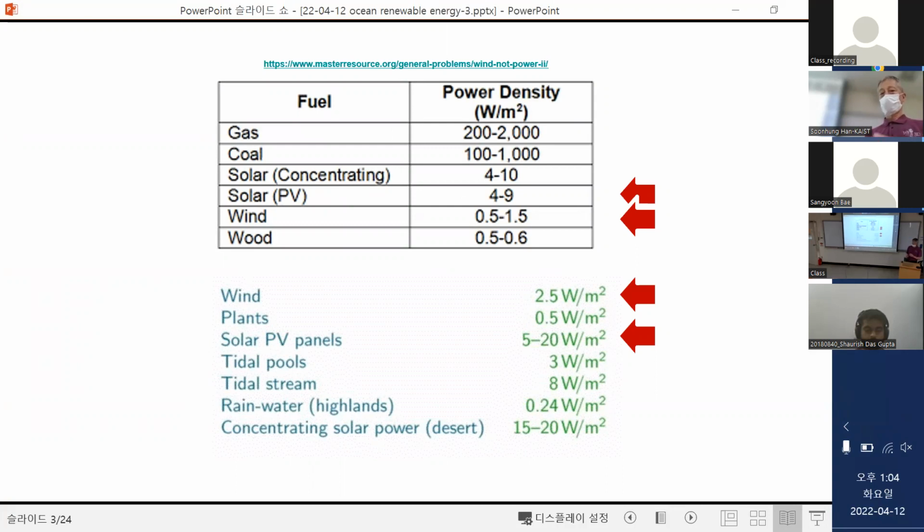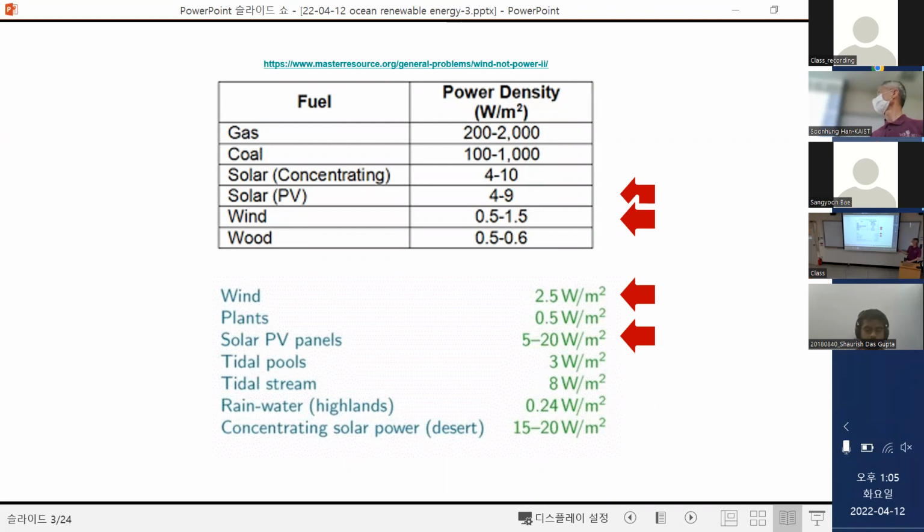I got them from a Google search, but different people provide different numbers, such as the power density or energy density I mentioned to you. There is a big difference between traditional energy sources like gas and coal and solar, wind, and renewables. The problem is the very low level of power density, which can be a problem for the economy.